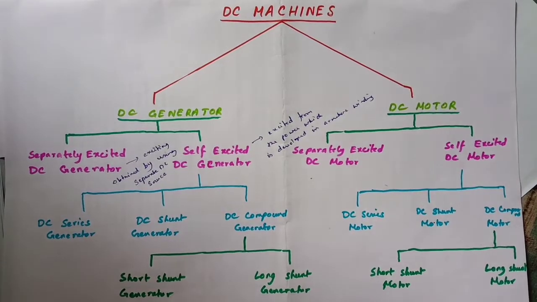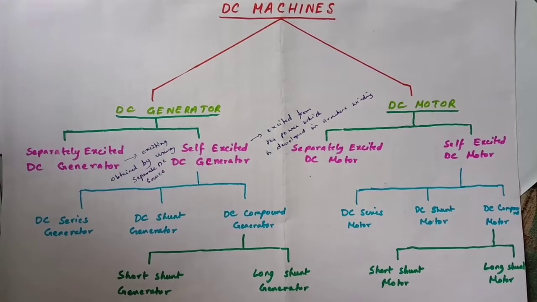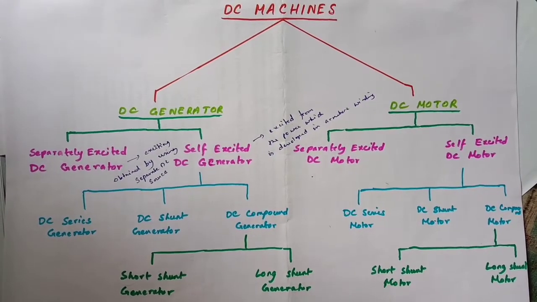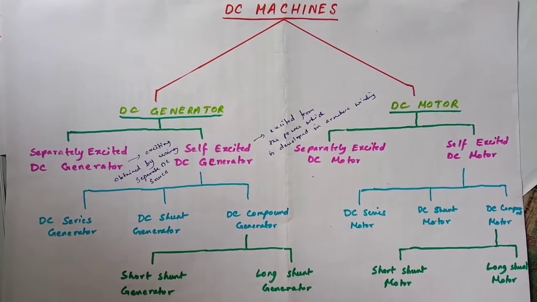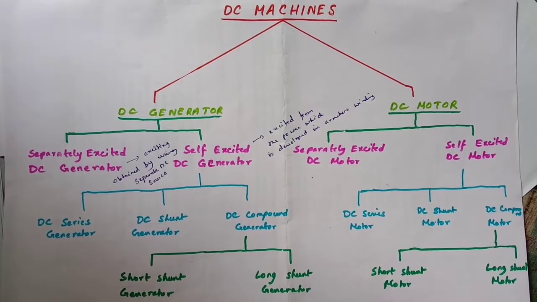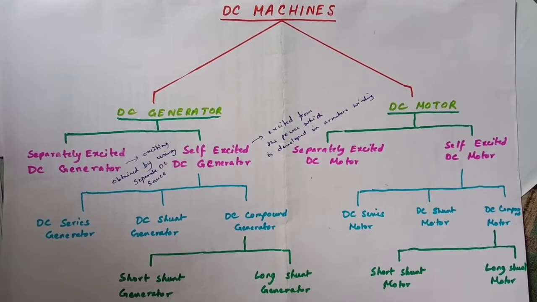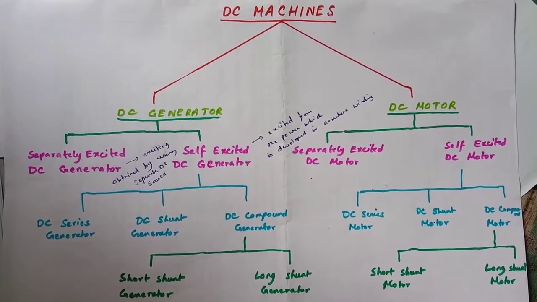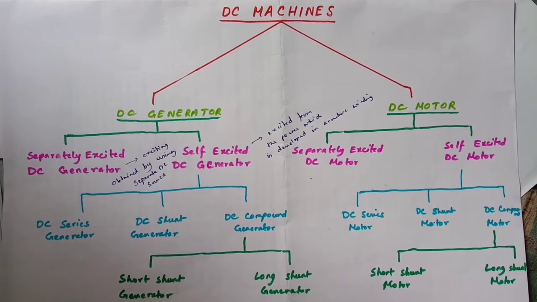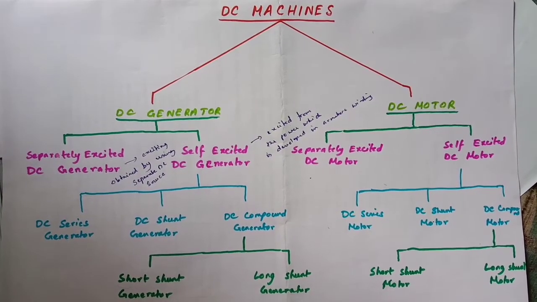Both the DC generator and DC motor can be divided into two types, that is the separately excited generator or separately excited motor, and the self-excited generator or self-excited motor.